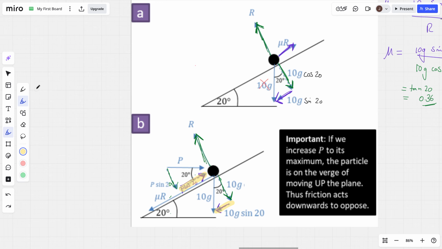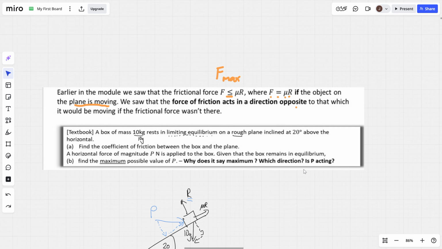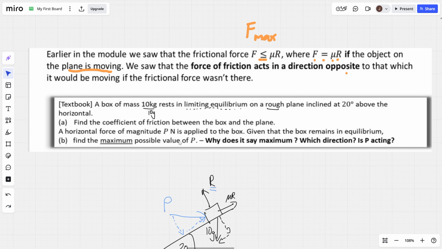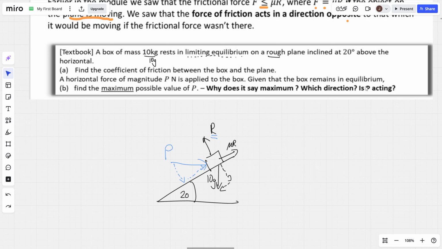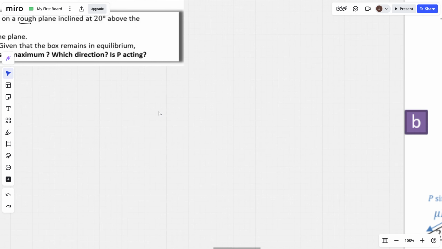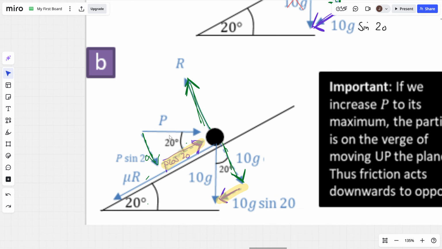So let's go back to this question. A horizontal force is applied to the box. Given that it remains in equilibrium, find the maximum possible value of P. Well, if you want to make P a really big value, we're talking about when the particle is about to go up.